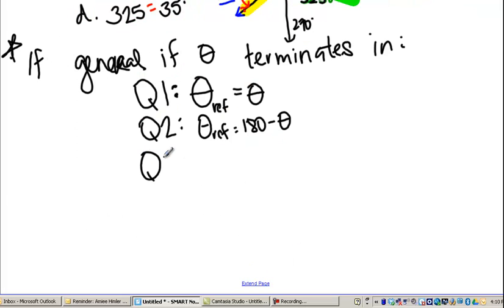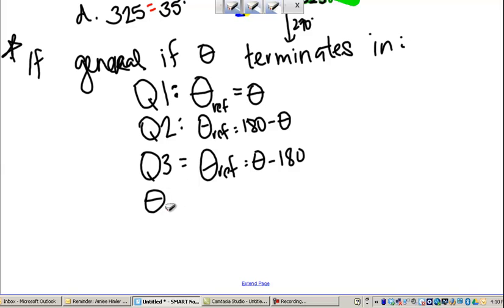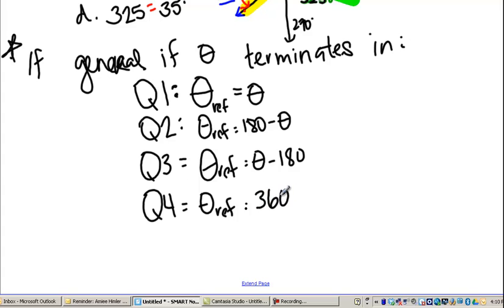Quadrant 3, our reference angle is theta minus 180. And quadrant 4, your reference angle is 360 minus theta.